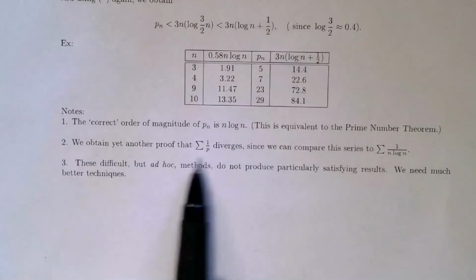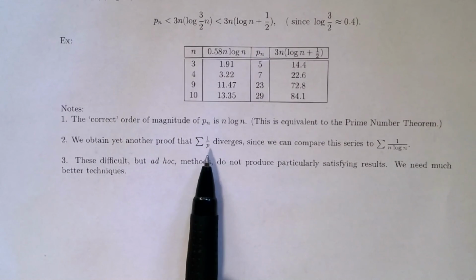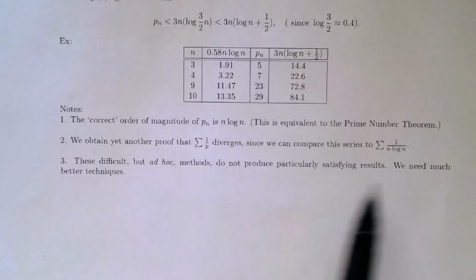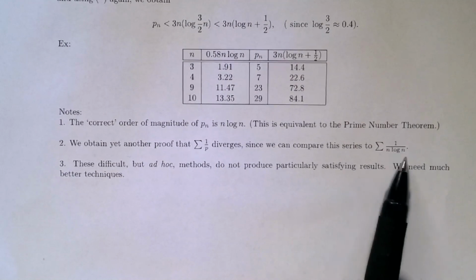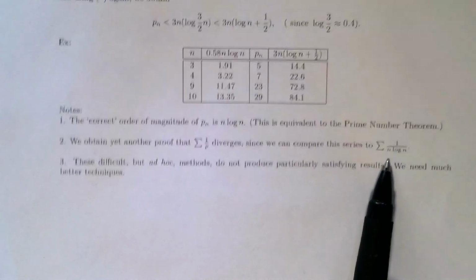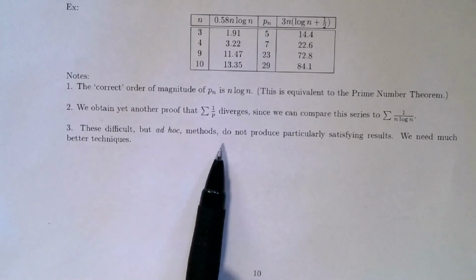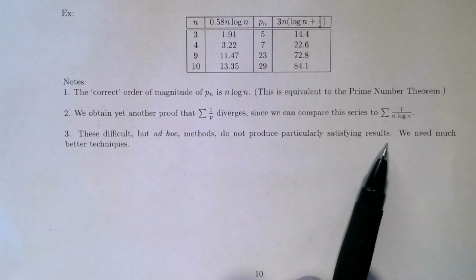By the way, as if we needed one, we have yet another proof that the sum of 1 over p diverges, because the nth prime is roughly n log n, and so I can compare this sum with this one, and we know that this sum diverges by the integral test. So these difficult but ad hoc methods really don't produce particularly satisfying results, so we need some much better techniques, and we'll develop those in some of the later chapters.